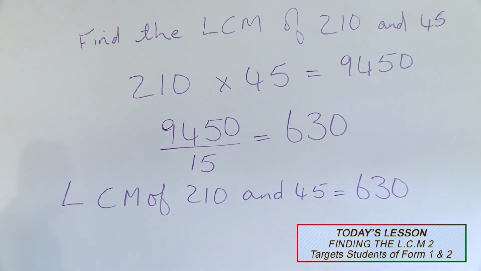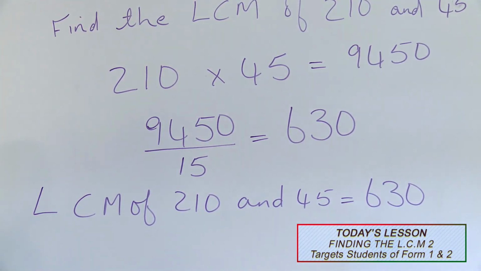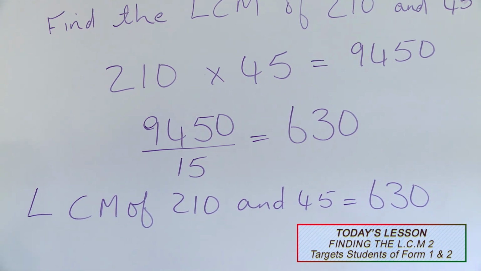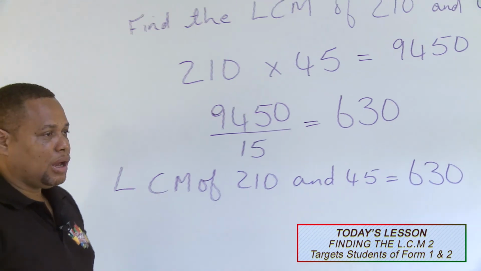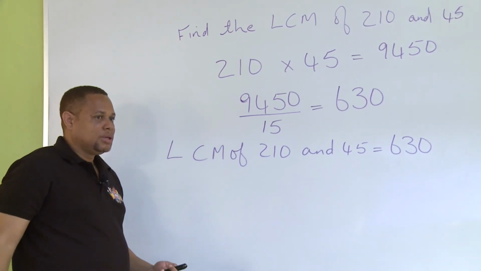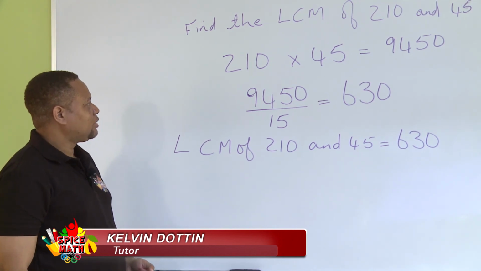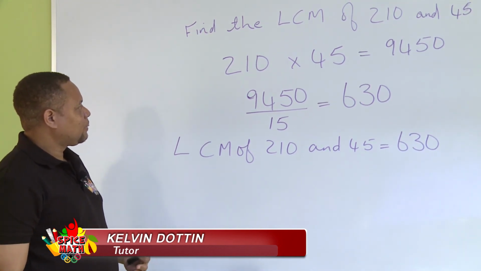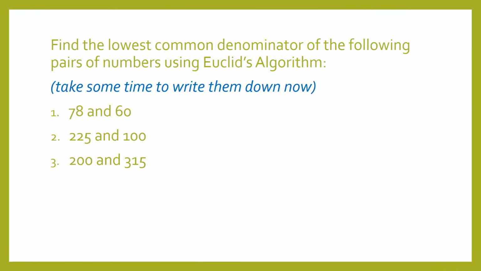This method, as I said earlier, can be used for bigger numbers, and for students who are in secondary school, it's a really quick way to find the LCM of numbers that are greater than 100. There are some questions on the screen that you can now attempt on your own. Take some time to write them down.